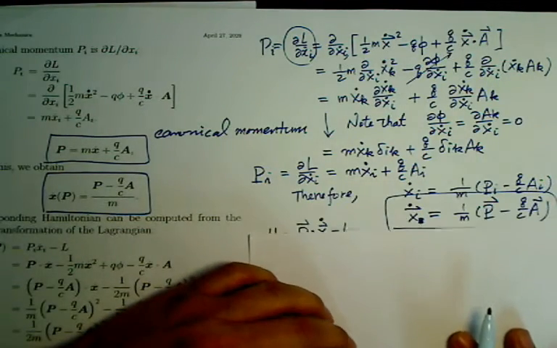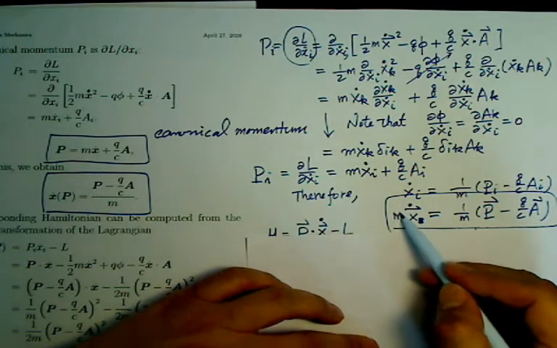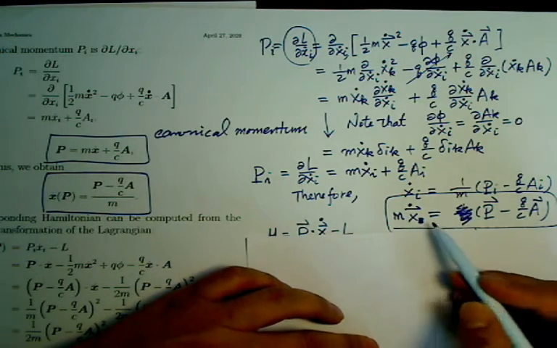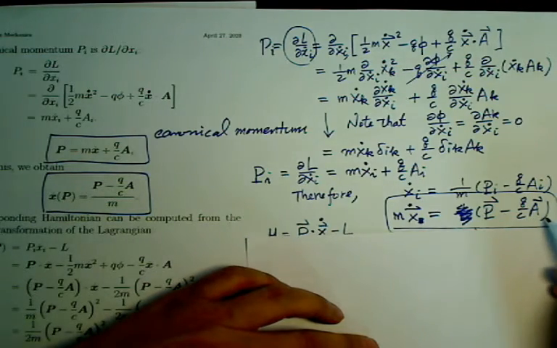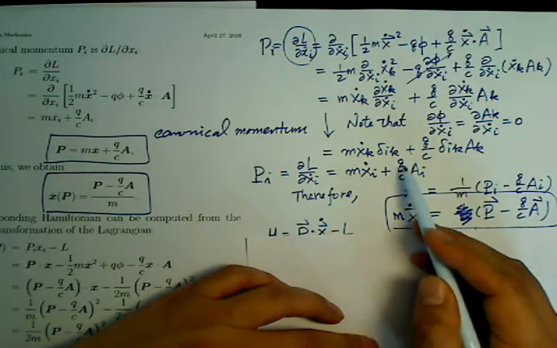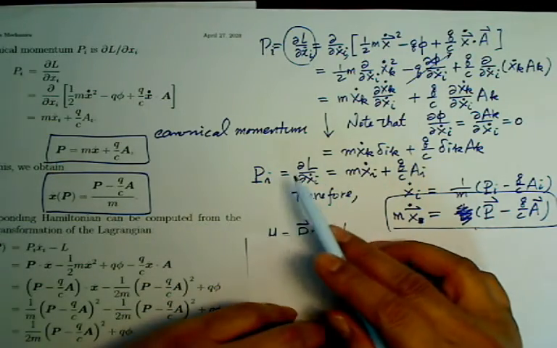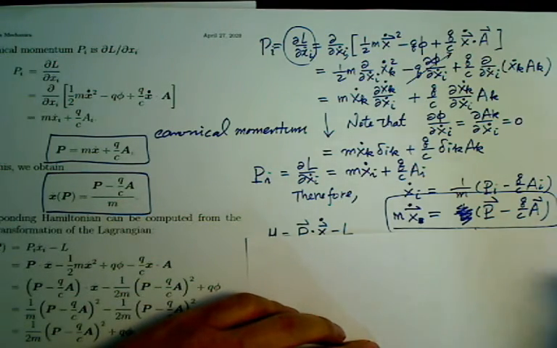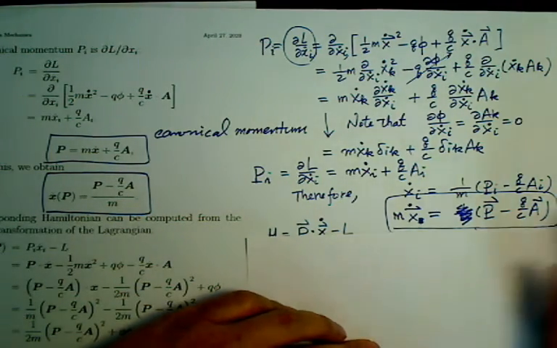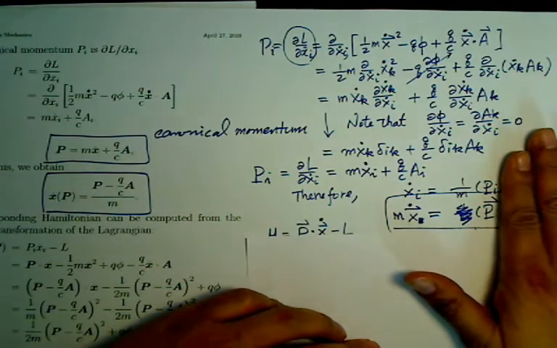In vector form, I can write m x dot equals p minus q over c A. I have moved the vector potential dependent term to the left hand side. This is the only difference in the presence of the electromagnetic field.